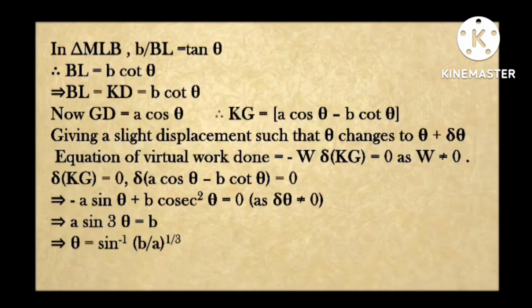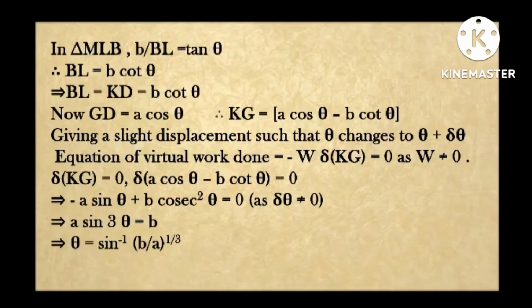So giving a slight displacement such that theta changes to theta plus delta theta, the equation of virtual work done is minus capital W delta KG equals 0, as W cannot be equal to 0. So this implies delta KG equals 0, and delta of a cos theta minus b cot theta equals 0.